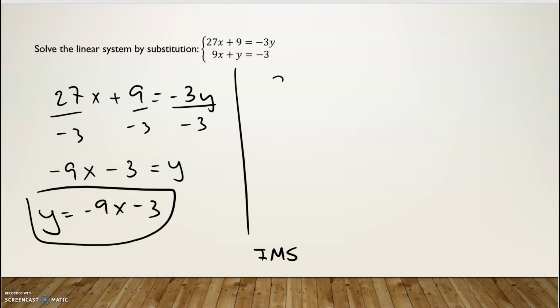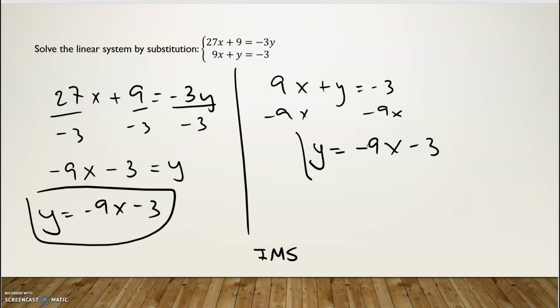Okay, and then we'll do the same thing for this one over here. So I'm going to subtract that 9x over. So we get negative 9x minus 3. And notice how we have the exact same line. Both of them are y is equal to negative 9x minus 3. So when they come out to the exact same line, that means that you have infinitely many solutions.